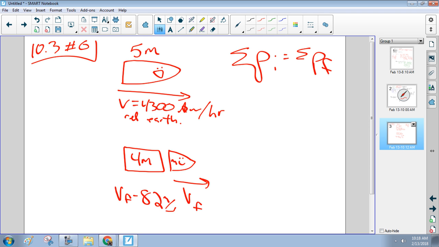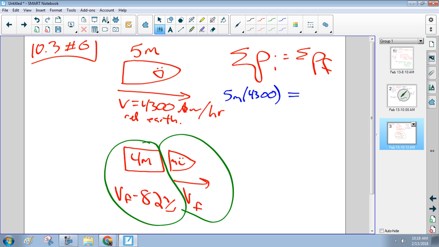All right, so now we just solve it. I say just like it's trivial, but total momentum equals total momentum. So our total momentum before the explosion is mass times velocity, equals total momentum after the explosion. Well, the total momentum after the explosion is the momentum of this plus the momentum of this.